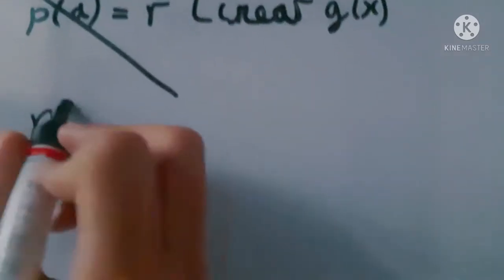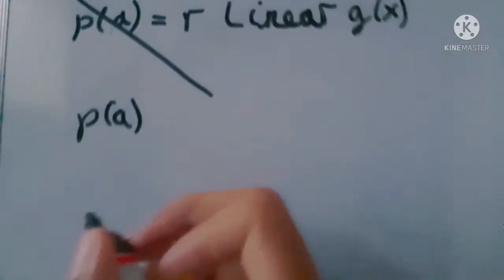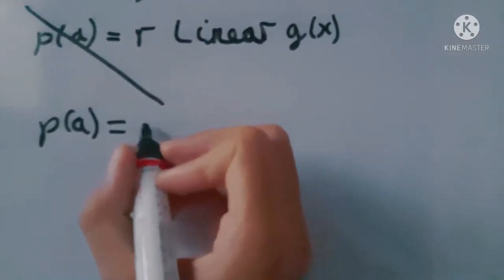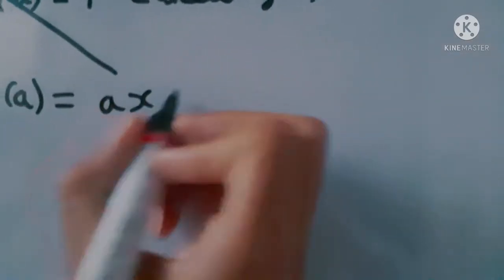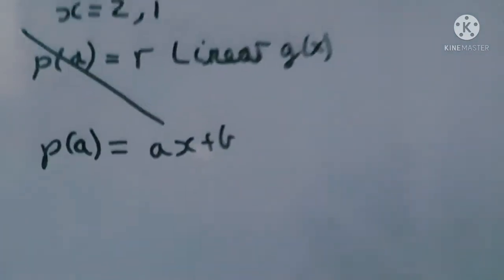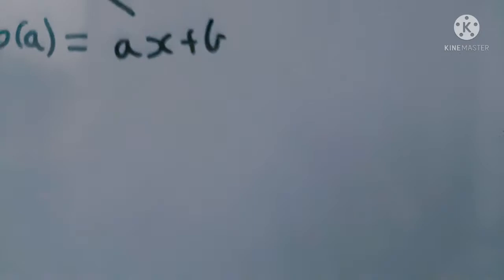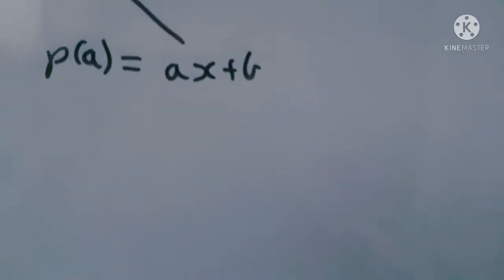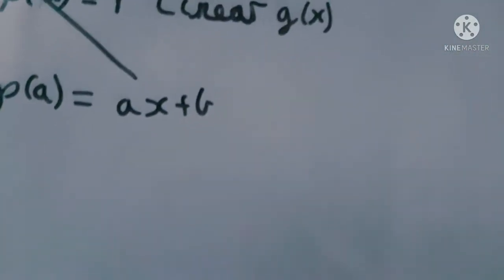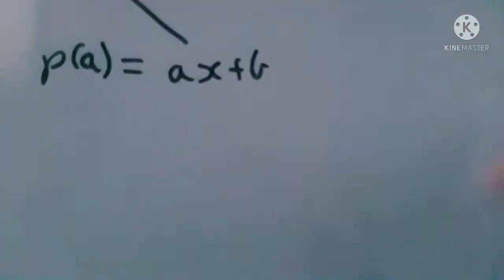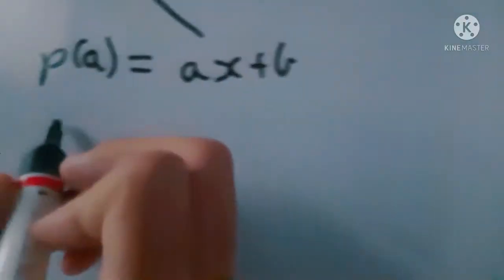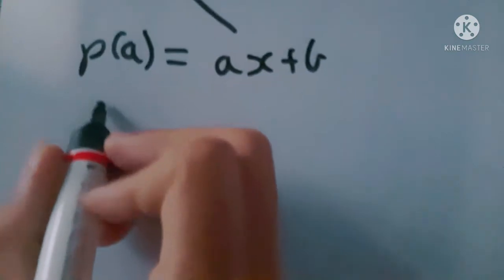We still take p of a, but we set that equal to ax plus b. Because we have two solutions, we can't just neglect the other solution. That would be wrong. So let's see. We'll take p of the first one, so let's take p of 2 first.